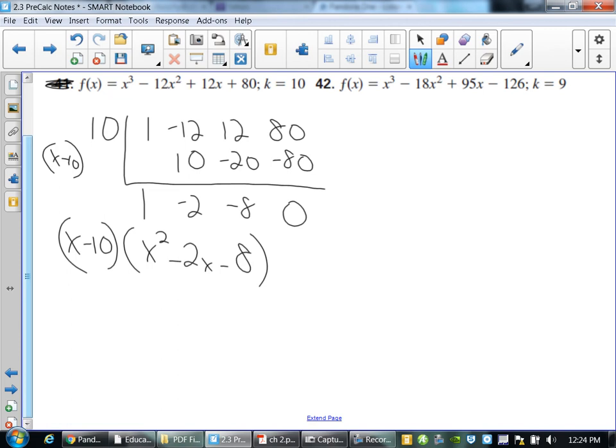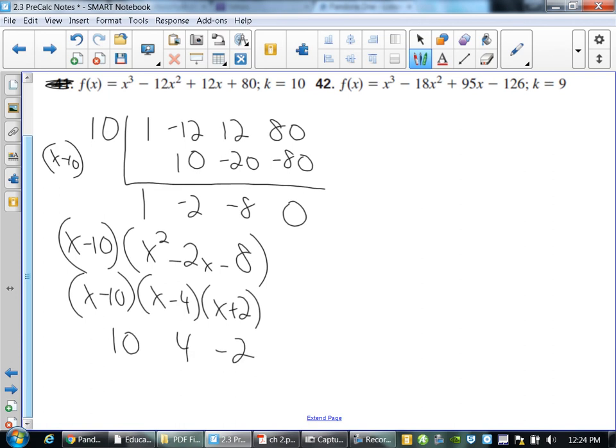Every time you use synthetic division, it drops a degree. What times what's -8? You add together, you get -2. Very good. So you get x minus 4, x plus 2. So your 3 zeros are 10, 4, and -2.